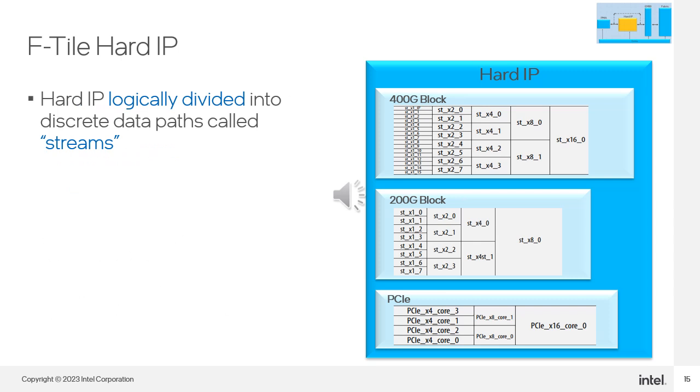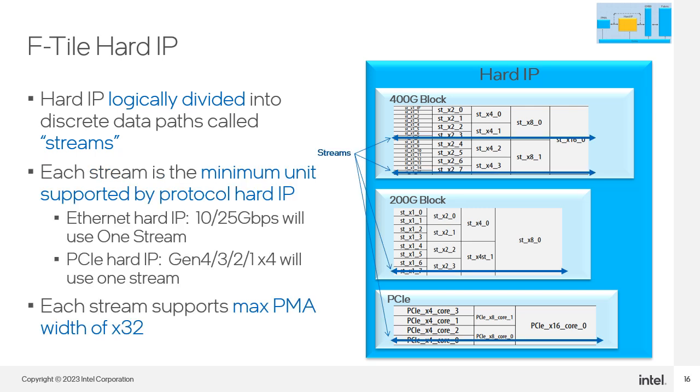Each hard IP is logically divided into discrete paths, which we call streams. These streams are indicated in each of the hard IP blocks in the diagram by the columns on the far left. Each stream represents the minimum unit, or the smallest configuration, supported by that hard IP. For both Ethernet hard IP, one stream supports 10 or 25G Ethernet.